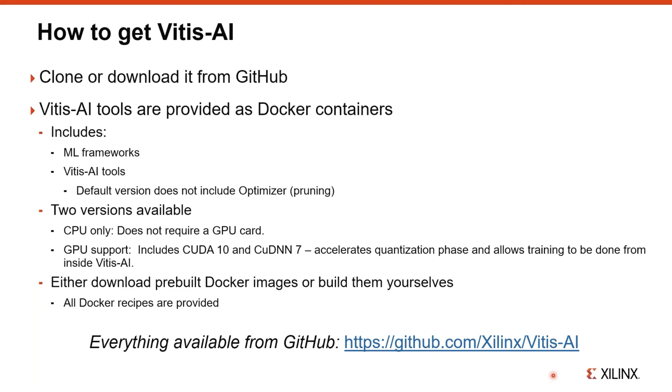We put everything in the Docker container, not just our Vitis AI tools. If you're going to be using GPUs, then we will build in CUDA and cuDNN into the Docker. So there's basically nothing that you need to install. You just install Docker and download the Docker image and spin up the container, and you're good to go.